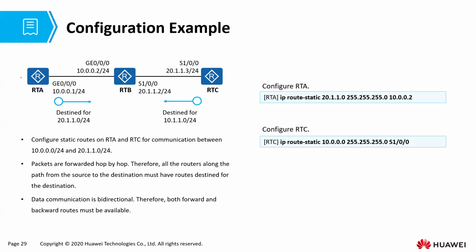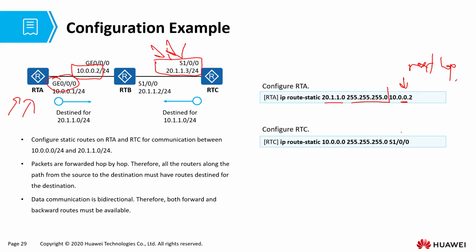Looking at this example, we have a static route here so that we get to this network here. So how do we get there? In the route we put the destination network and the subnet mask, then the next hop. So if I want to get to this network, I use the next hop from this device, 10.0.0.2. Or if I'm using my exit interface, to get to this network I go out through here.